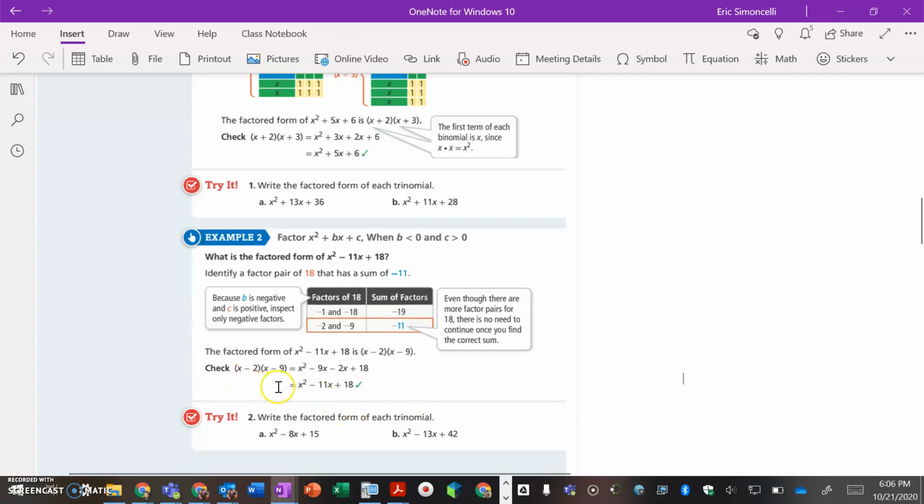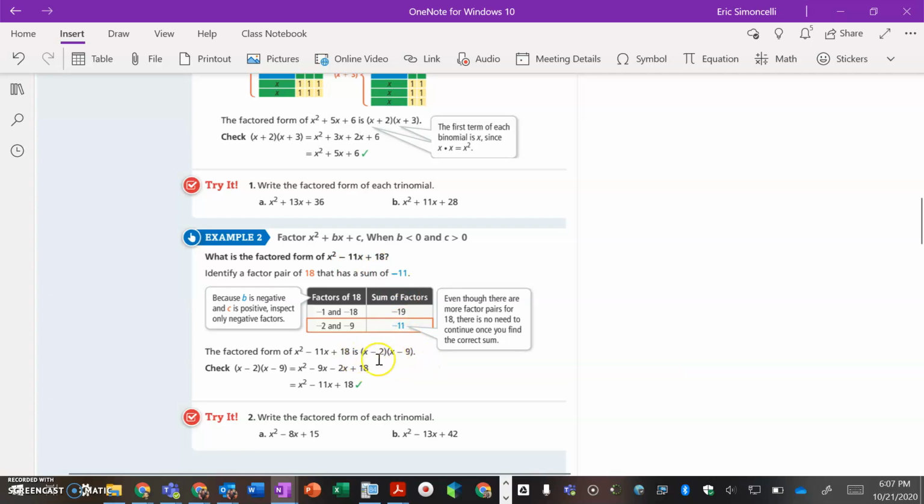So if we take x minus 2 times x minus 9, x times x is x squared. x times negative 9 is negative 9x. Negative 2 times x, negative 2x. Negative 2 times negative 9, positive 18. These two middle terms, of course, add to negative 11x, so of course your answer checks. The original problem was in fact that quadratic trinomial. So the final answer, again, x minus 2 times x minus 9.